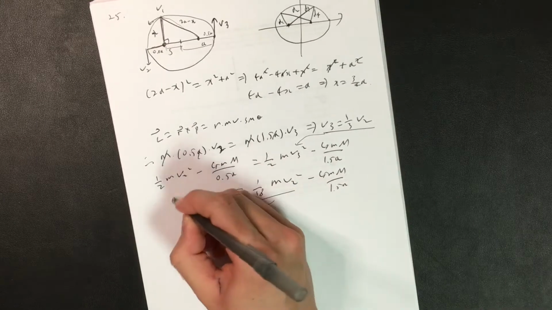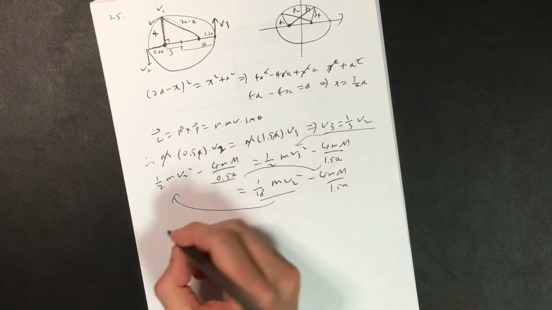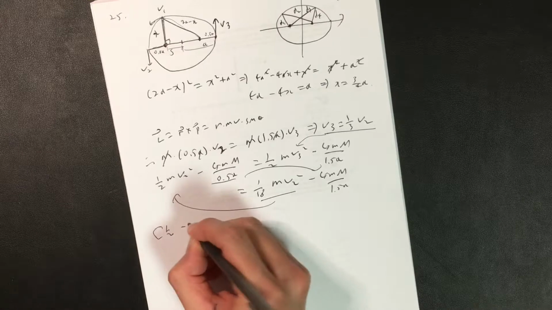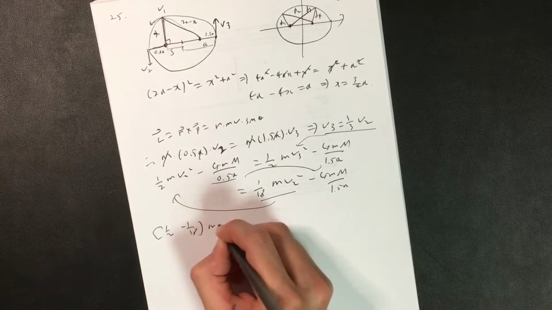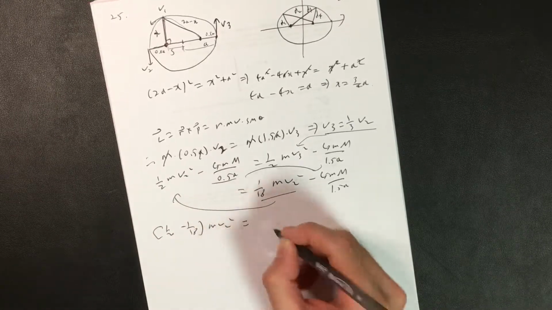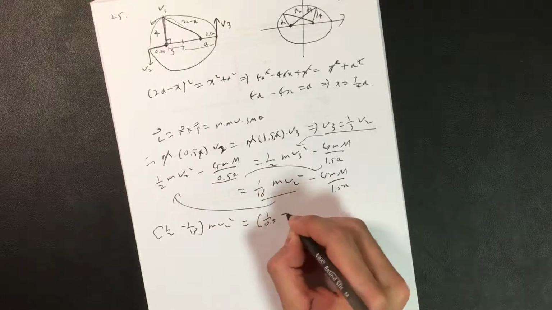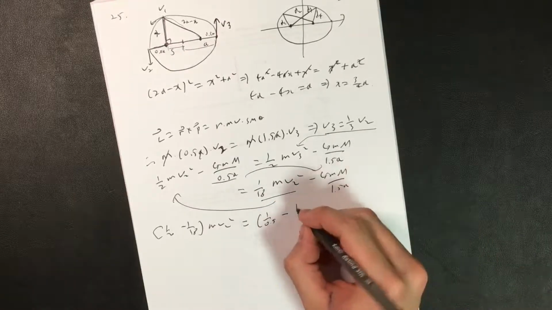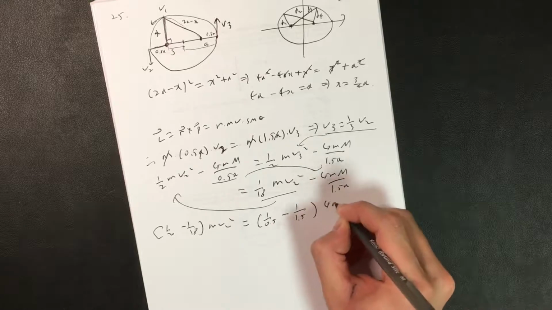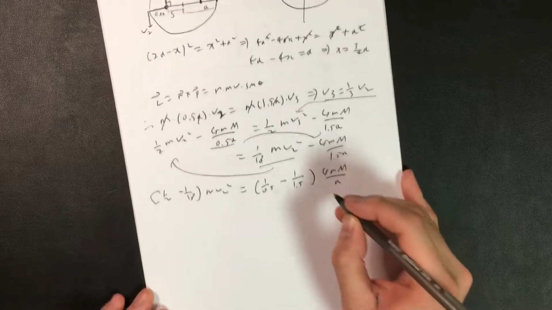And if I move this term to the left and that term to the right, I get 1/2 minus 1/18 mv2 squared equals 1/0.5 minus 1/1.5 GM over a.